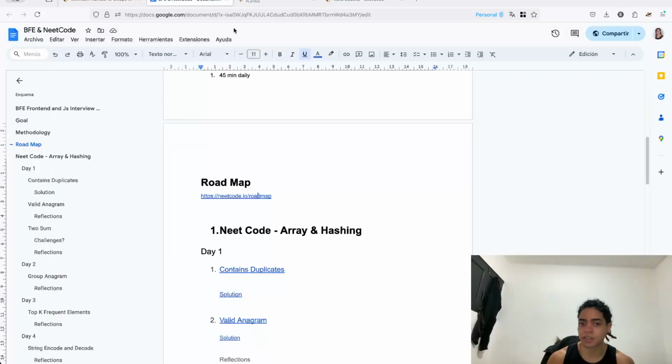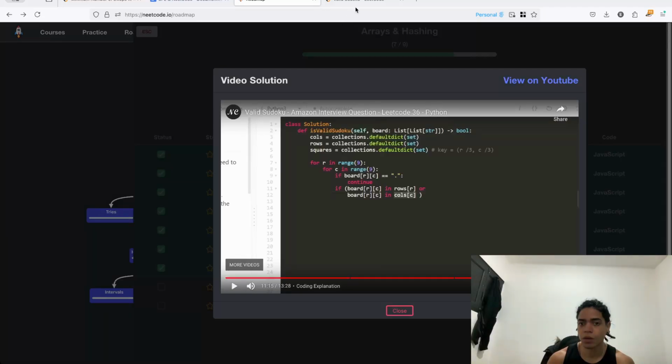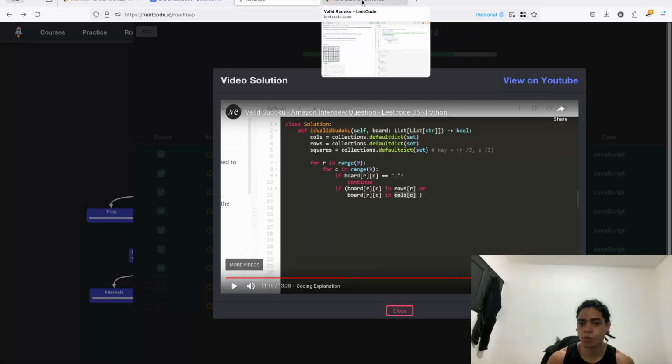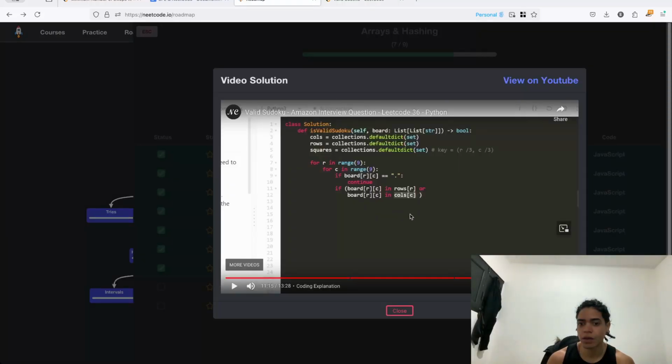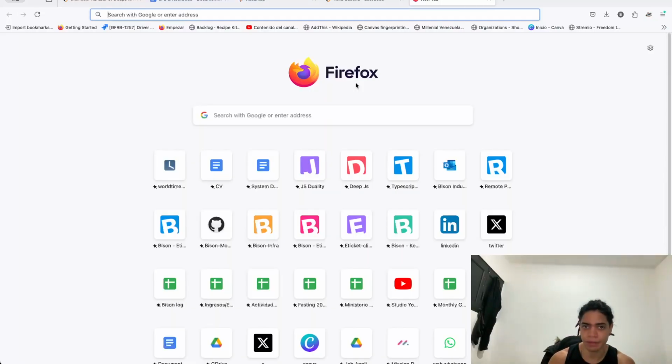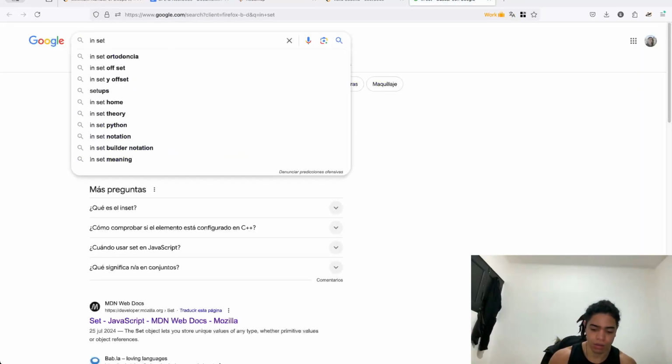So exactly, but this row is because here at that position, is this value in this set in JavaScript?